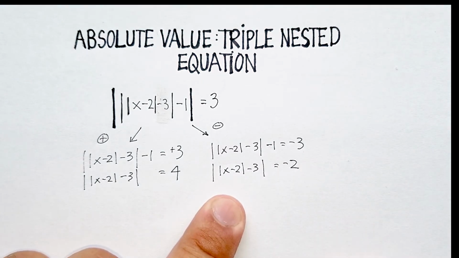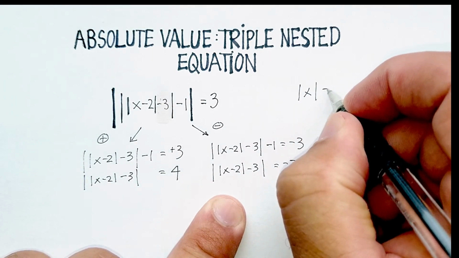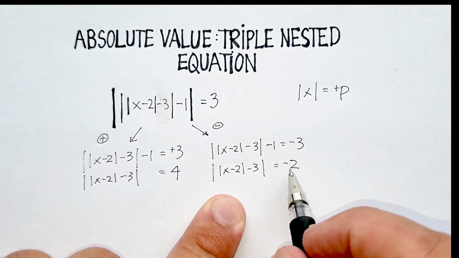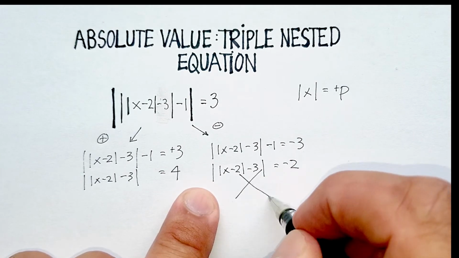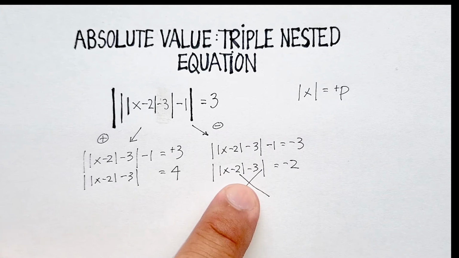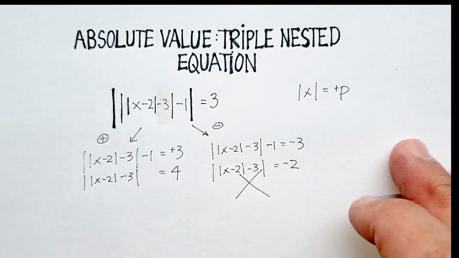Now remember our initial premise, the absolute value of any number must be equal to a positive number. In this case, it's equal to a negative number, so we cannot proceed any further here. So we stop right here, okay? Because a distance away from 0 cannot be a negative number. It doesn't make any sense.